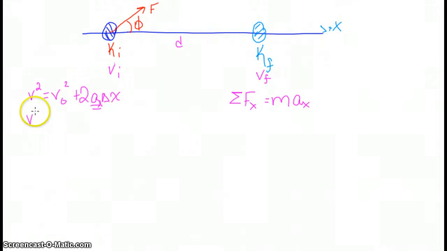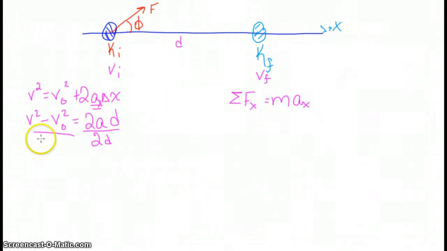So we have v squared minus v naught squared is going to equal 2a times our distance d. If we divide by 2d on both sides, what we're going to get is that our acceleration in the x direction is going to be v squared minus v naught squared over 2d.